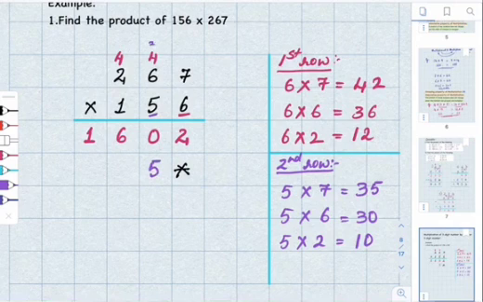I'll carry 3 here. 5 6s are 30, plus 3 is 33. 3 at the bottom, 3 on top. 5 2s are 10 plus 3, 13.